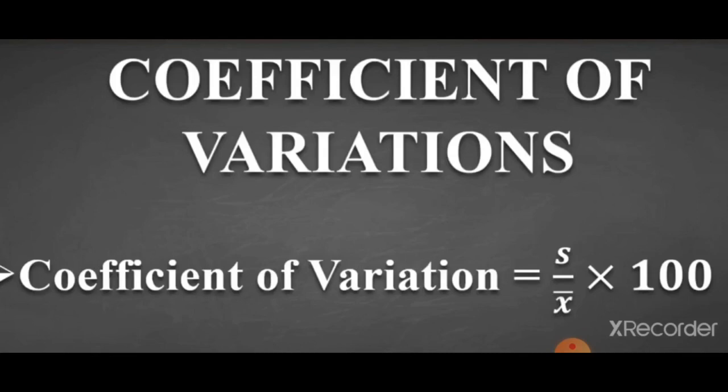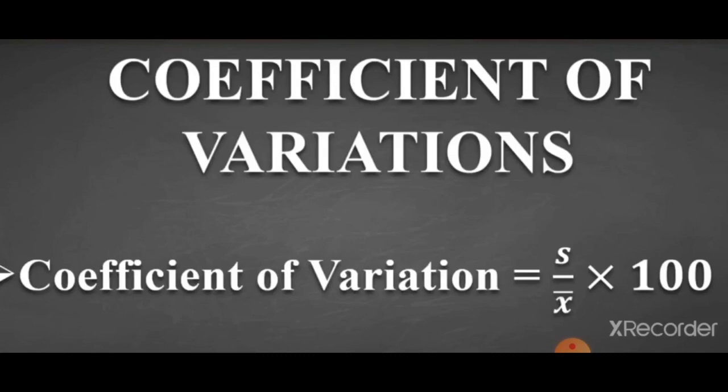Often, the value of the coefficient of standard deviation comes in fractional form. So, Karl Pearson has suggested the coefficient of variation as a relative measure which can be easily understood by common people. The coefficient of variation is obtained by multiplying the coefficient of standard deviation by 100, S upon mean into 100.